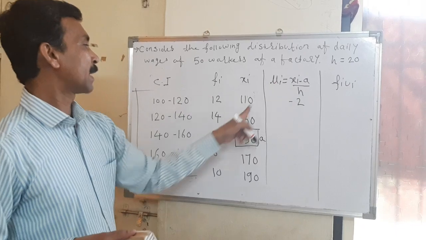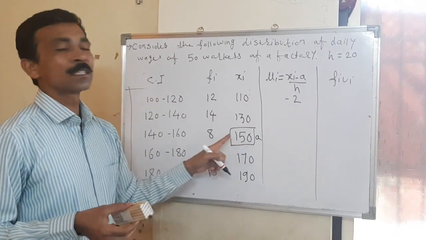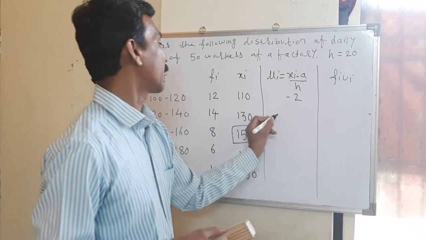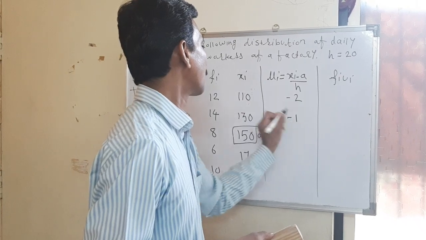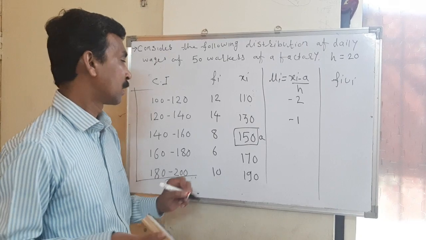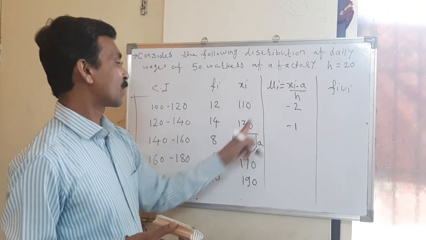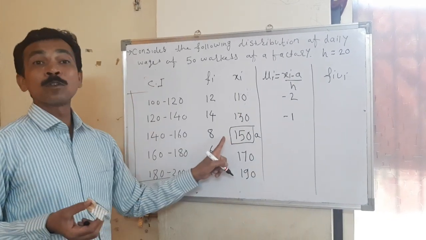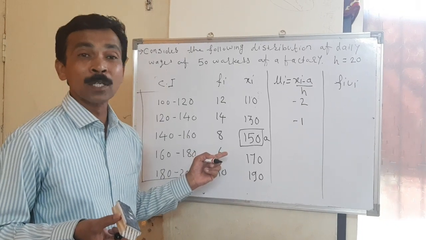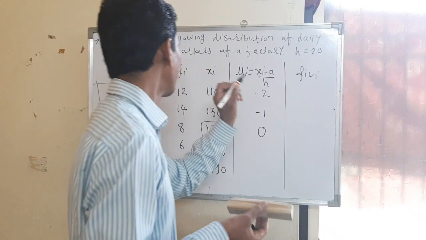Now we'll see the second Ui. 130 minus assumed mean 150 is minus 20, upon height 20, that becomes minus 1. Now Xi is 150 minus assumed mean 150 is equal to 0. 0 upon height 20 is 0.